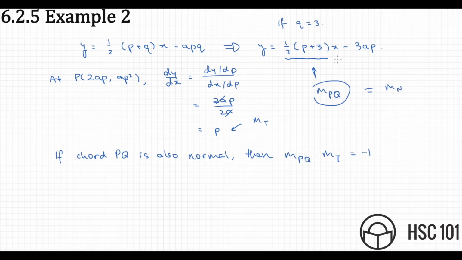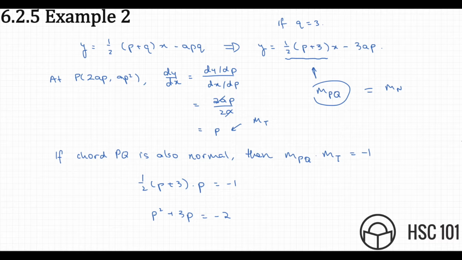But anyways, that being said, let's check out the algebra. The gradient of the tangent is p. The gradient of the chord is ½(p + 3). So if I multiply ½(p + 3) with p, that's going to give us −1. If I multiply 2 to the right and I expand the bracket, we're looking at p² + 3p equals −2.